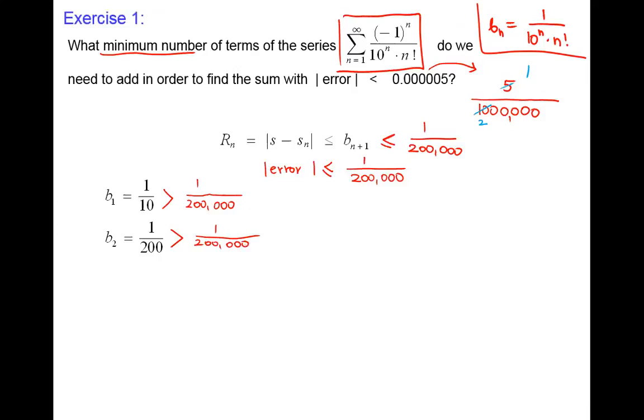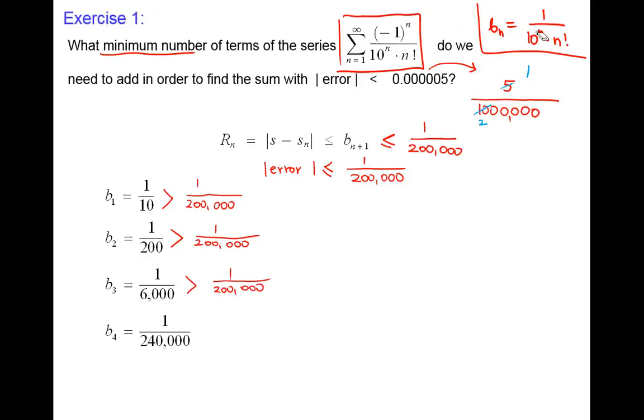Let's find b sub 3. b sub 3 is 1 over 6,000, because 3 factorial is 6, and 10 to the power of 3 is 1,000. 1,000 times 6 is 6,000. This is still greater, because if the denominator is greater than 200,000, then the whole fraction is smaller.